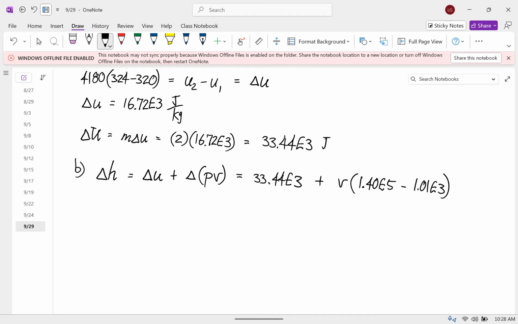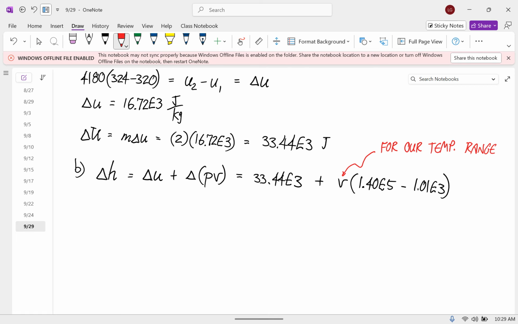Now we can look up this specific volume for our temperature range, in a table or whatever. So for our temperature range, what's the density of water at standard atmospheric pressure and room temperature? The density? Yep. 1 kilogram per liter.